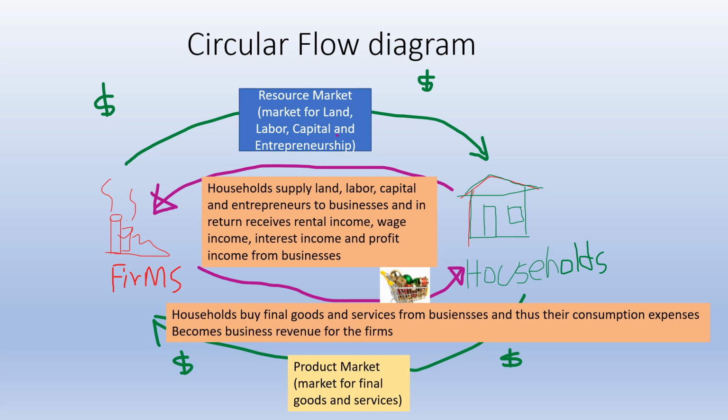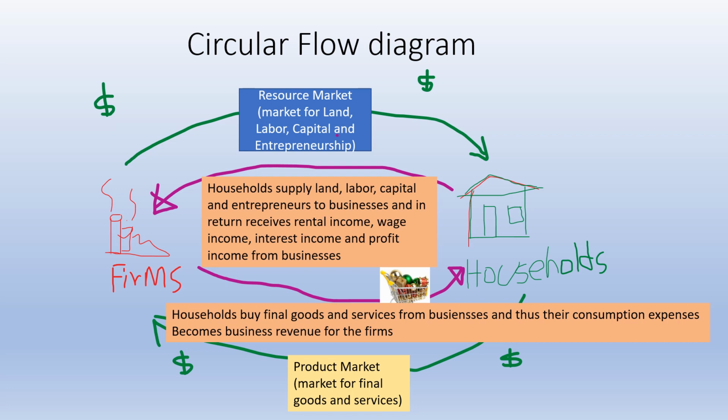Before they check out, they have to pay. Thus, the household's consumption expenditure goes in money form into businesses as their revenues. And in return, households can bring home their shopping cart load of final goods and services, as shown in this picture.